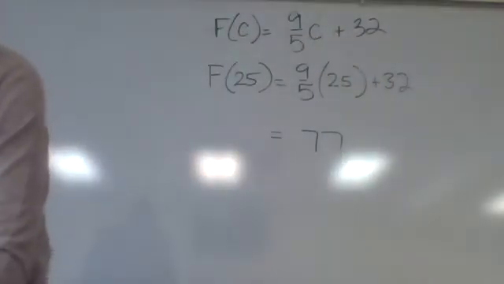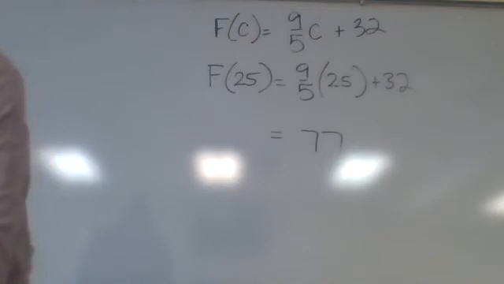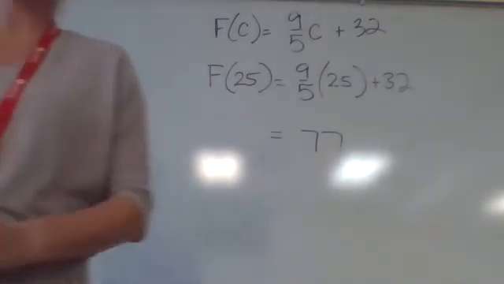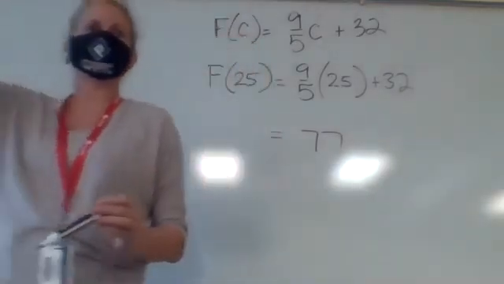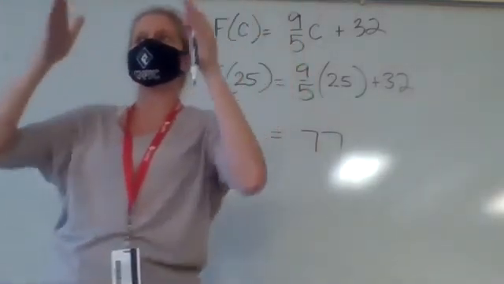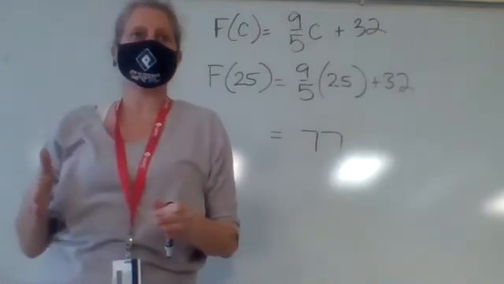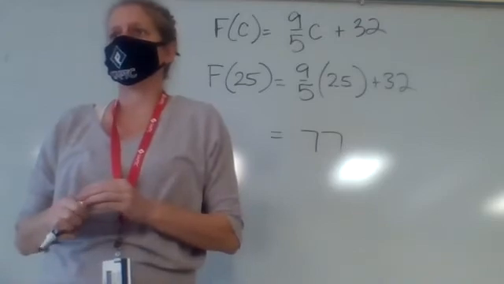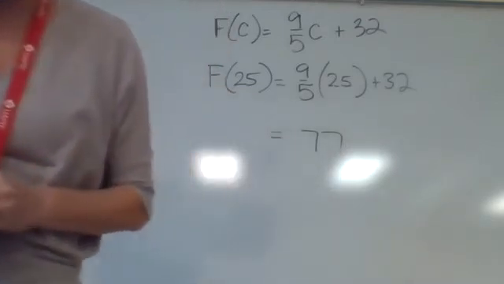Now, the next several problems, we're going to use that table function, because it's going to give me a function, and then it's going to give me a chart to fill out, and then it's going to ask me to graph it. Okay, so let's go look at number 10.